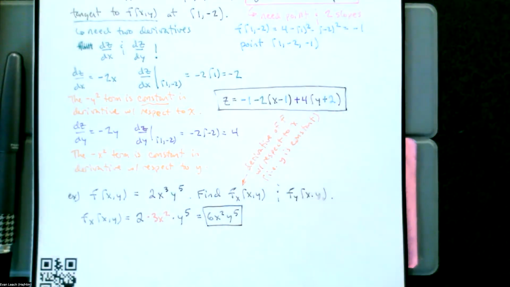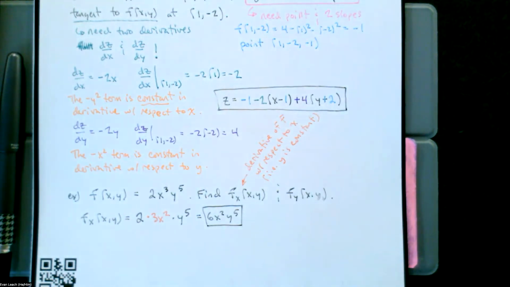In this case, the y to the 5th gets carried along because it's a constant factor. It's like saying 2x cubed times another 5. It's a constant factor, carries along. In the previous example, the y part was a constant term. The derivative of a constant term is 0.